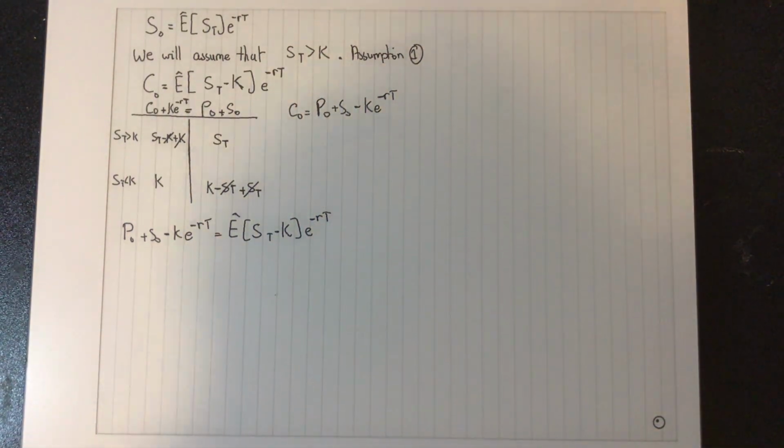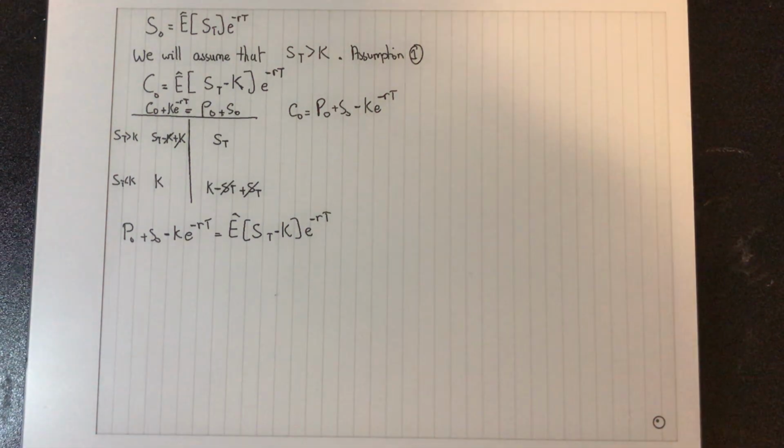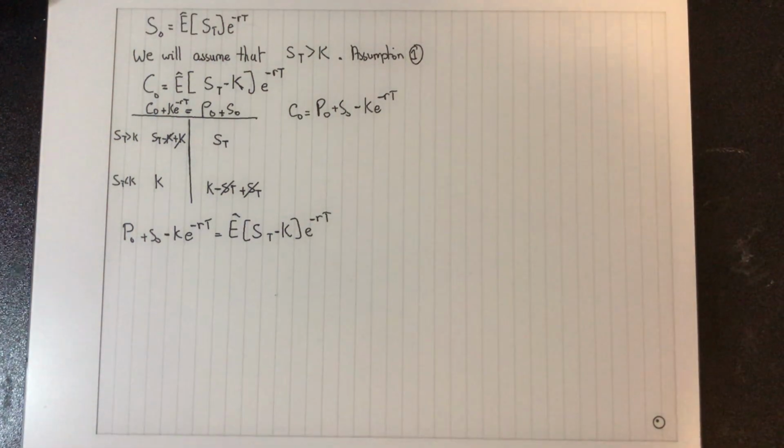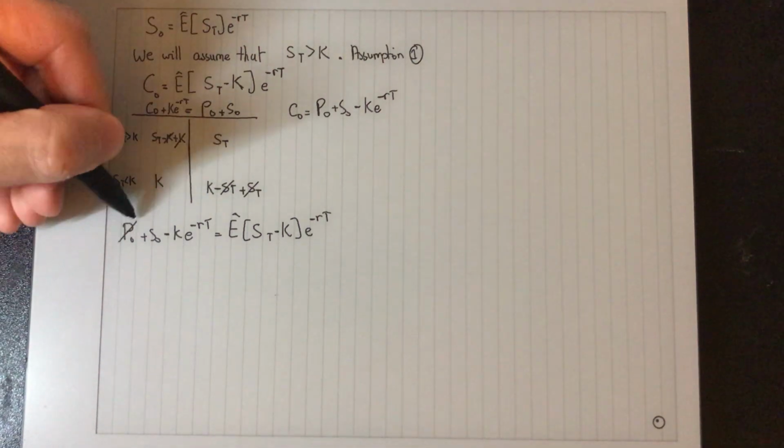Okay, so this is what we have until now. However, now we remember our first assumption, which is that ST is greater than K. So if ST is greater than K, then the value of the put option is actually equal to 0.